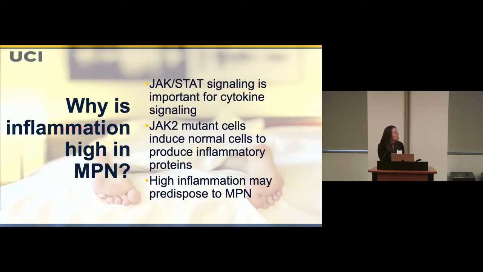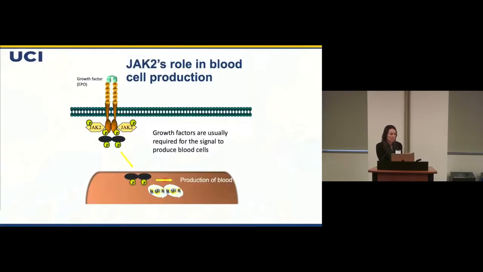Also, another interesting observation is that although mouse models where we induce a JAK2 mutation do have some evidence of increased inflammation, the amount of inflammation that we see in MPN patients is much more robust than what we can induce simply with JAK2 in a mouse model, suggesting that there's something more in these MPN patients that we're not recapitulating in our mouse models of MPNs.